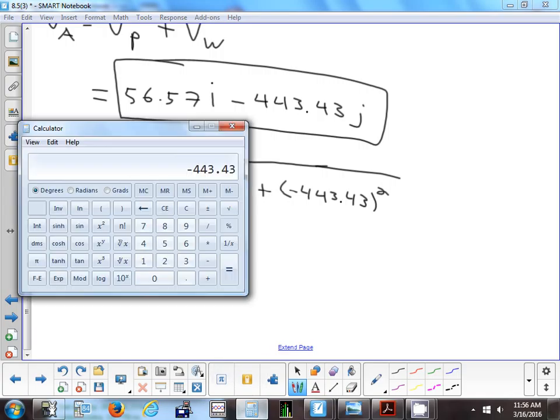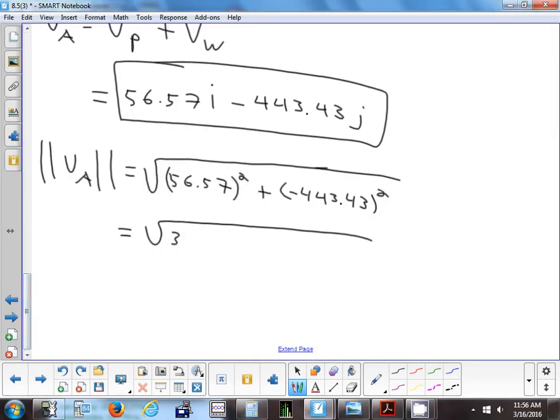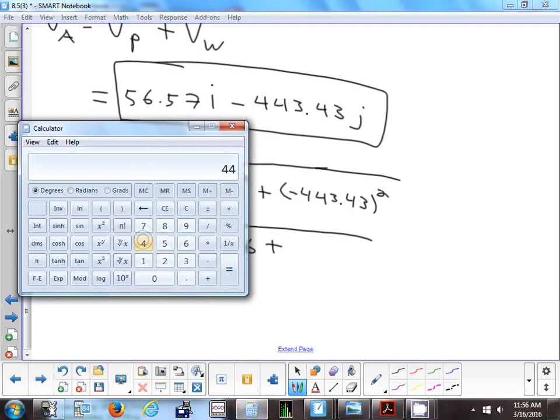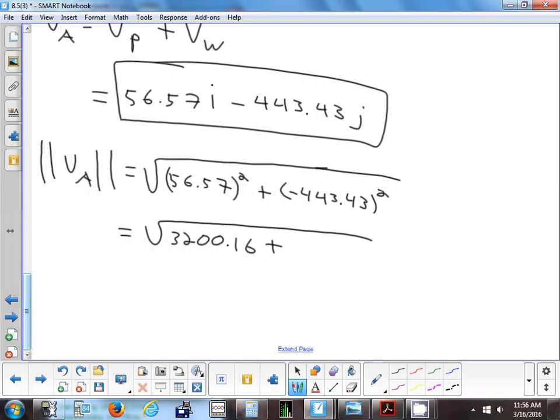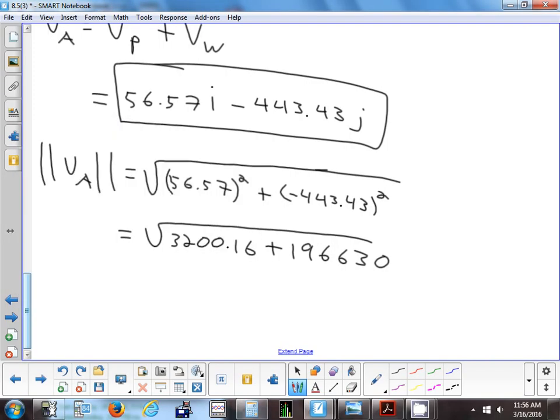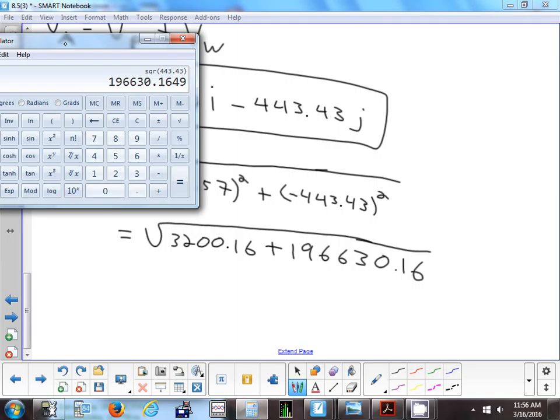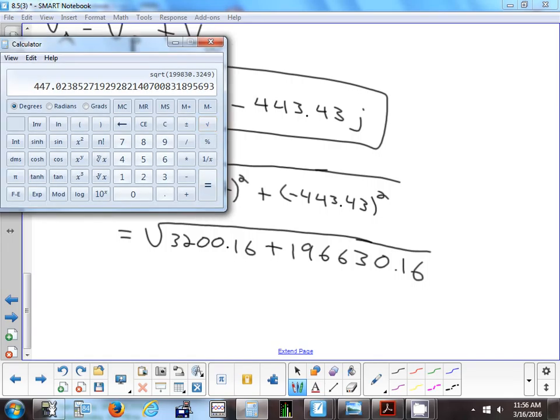We can do it in a couple steps. 56.57 squared is 3200.16, plus 443.43 squared, 196,630.16. So I'm just going to add 3,200.16 to that and take the square root. So the speed of the plane is 447 miles per hour.